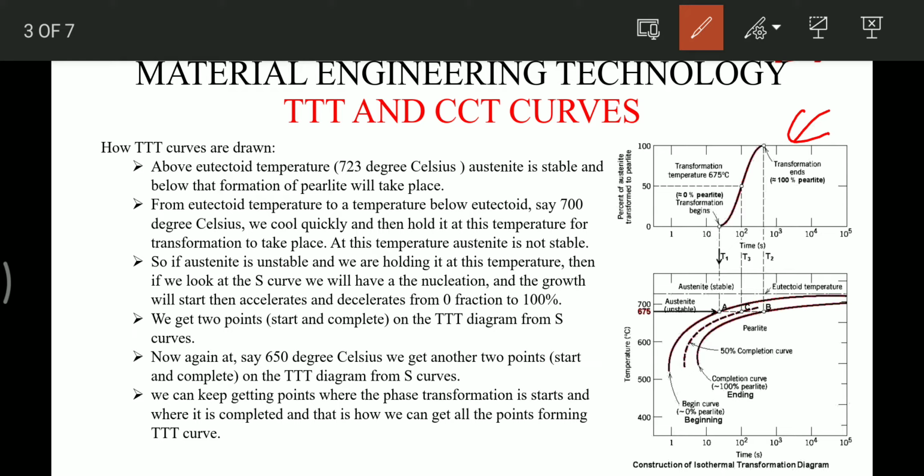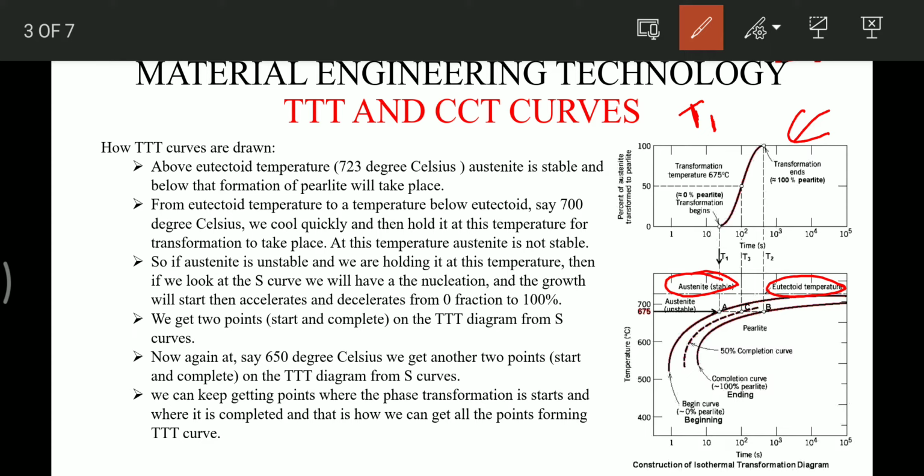If we consider austenite for a particular composition and at a particular temperature T1, and we start cooling and cross the eutectoid temperature, that is 723 degrees Celsius at the eutectoid point, then what will happen?